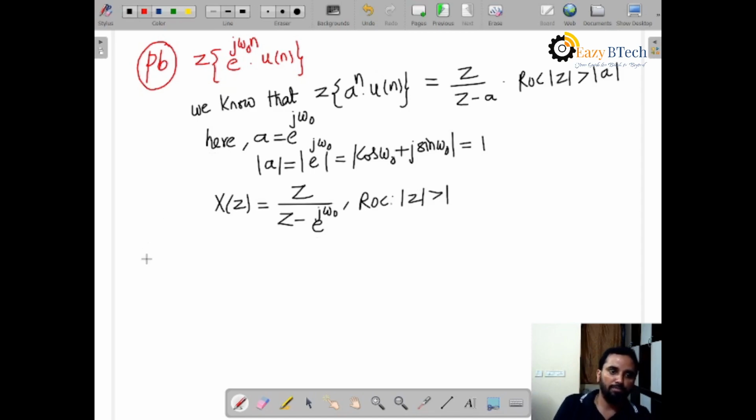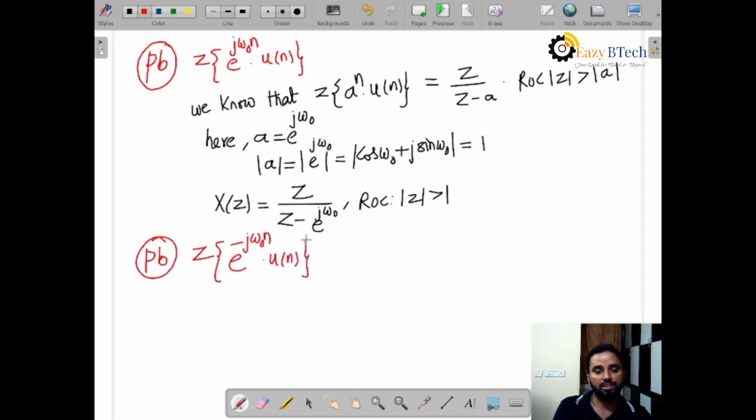Similarly, another problem: Z-transform of e power minus j omega naught n u of n. What is the Z-transform of e power minus j omega naught n u of n?